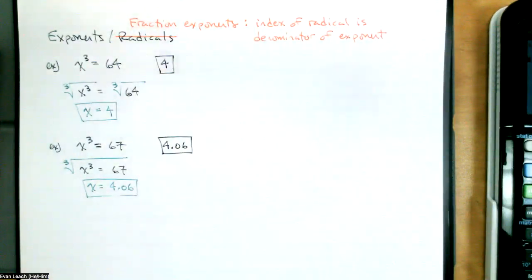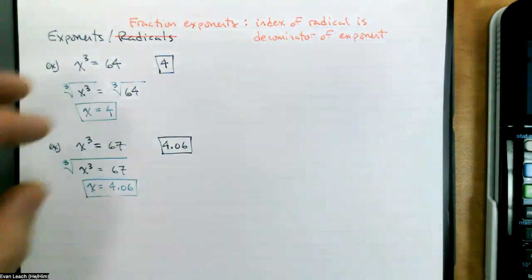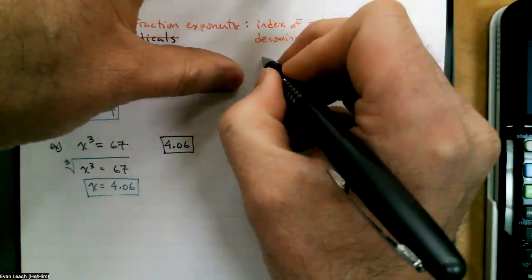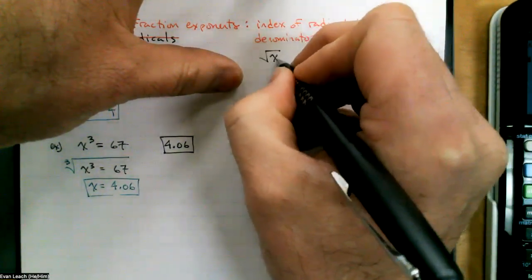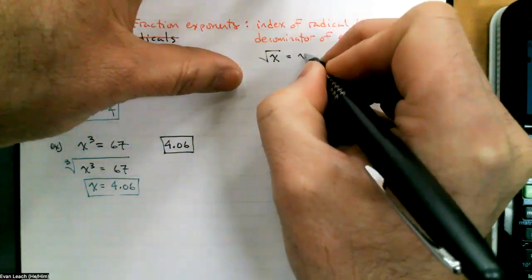The index of the radical is the denominator of the exponent. A square root of x is a 1/2 power.